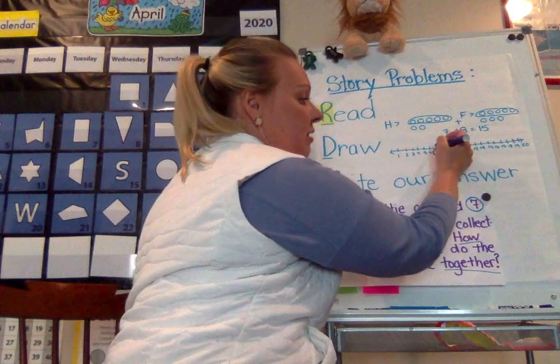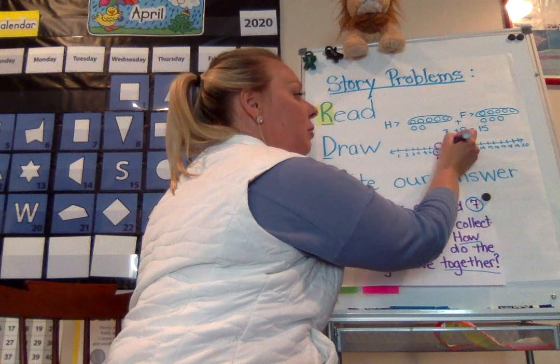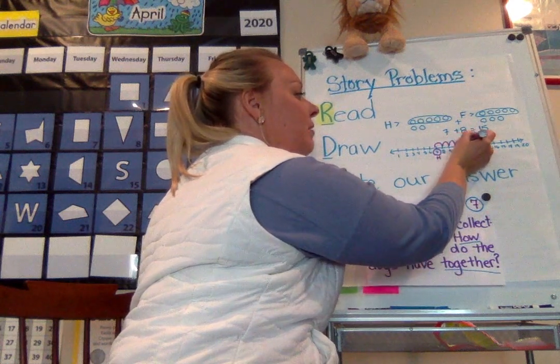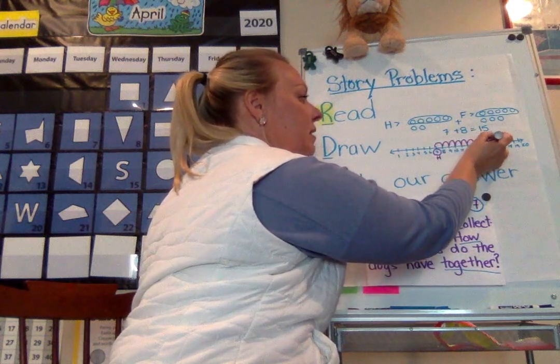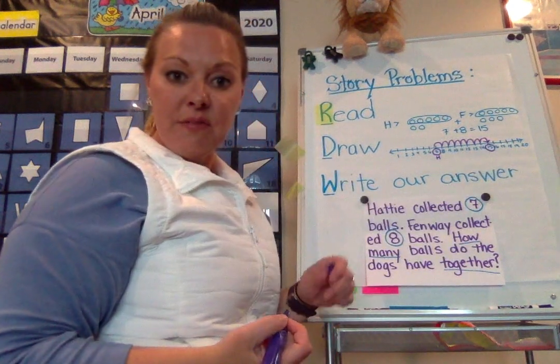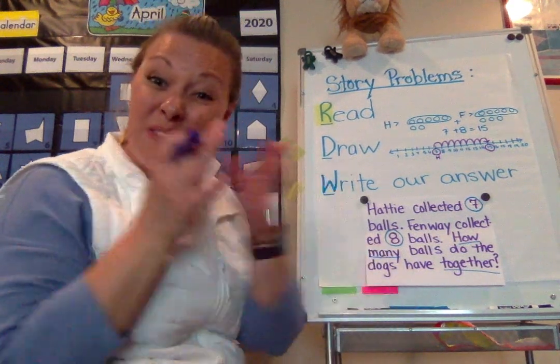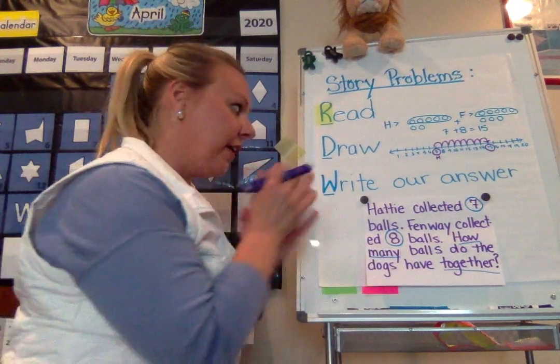So what I can do, boys and girls, is count on 8. 1, 2, 3, 4, 5, 6, 7, 8. And where did I land? I landed on 15. So 15 is the total number of balls that both dogs had together.